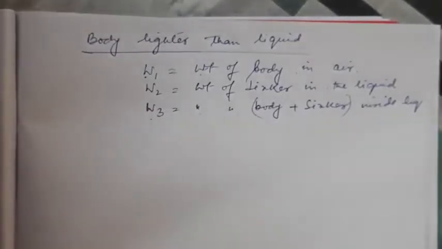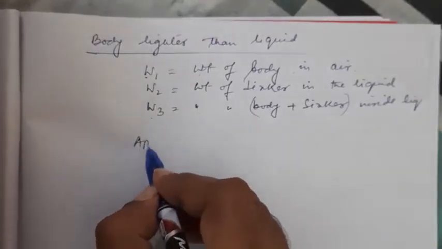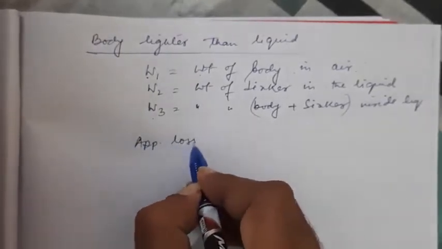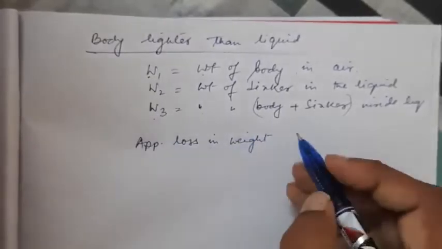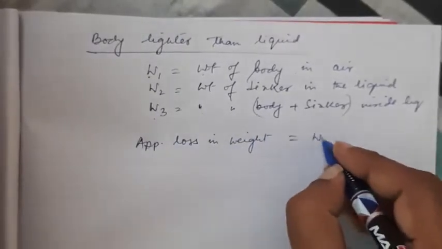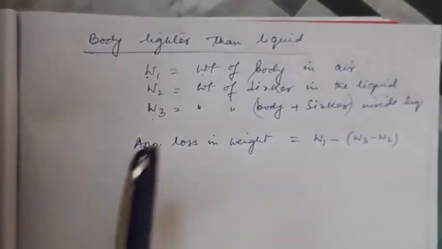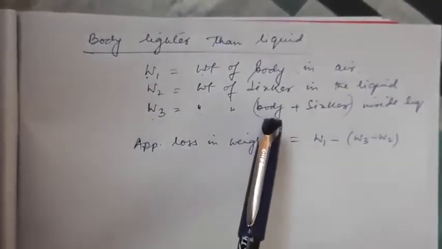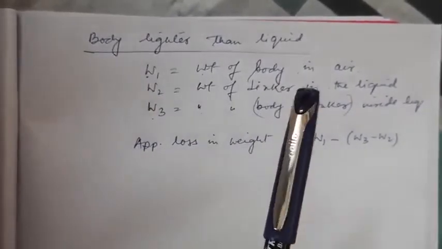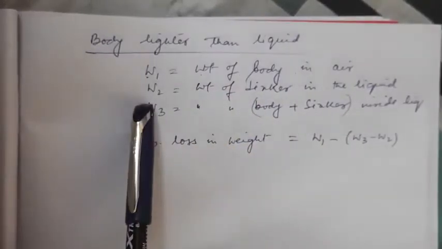Now according to Archimedes principle, the apparent loss in weight must be equal to W1 minus (W3 minus W2), because W3 minus W2 is the weight of the body, since the weight of body plus sinker was W3 and only the sinker was W2.